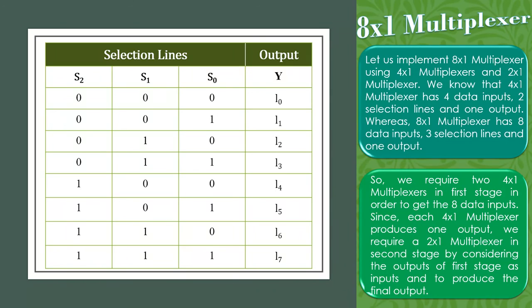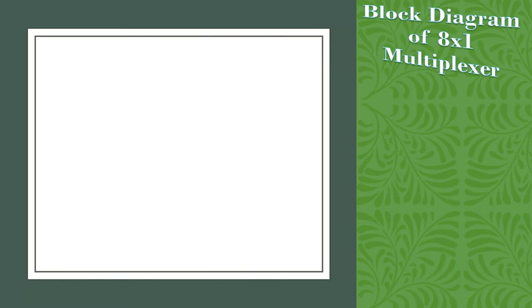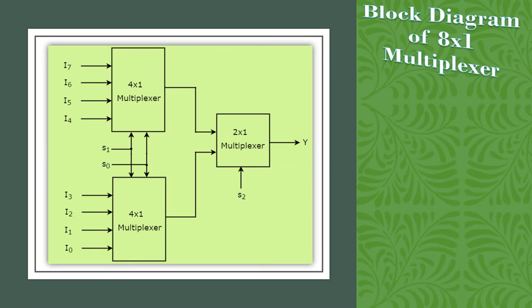We require two 4 into 1 multiplexers in the first stage to get the 8 data inputs, and since each 4 into 1 multiplexer produces only one output, we require a 2 into 1 multiplexer in the second stage, taking the outputs of the first stage as inputs, to produce the final output. Just see this diagram and you will understand the block diagram of 8 into 1: one 4 into 1 is there, another 4 into 1 is there, and a 2 into 1 multiplexer is there.